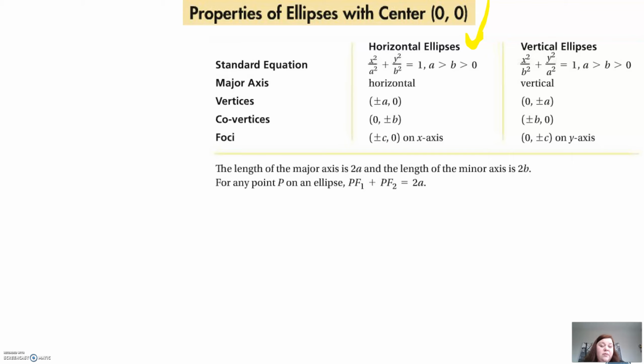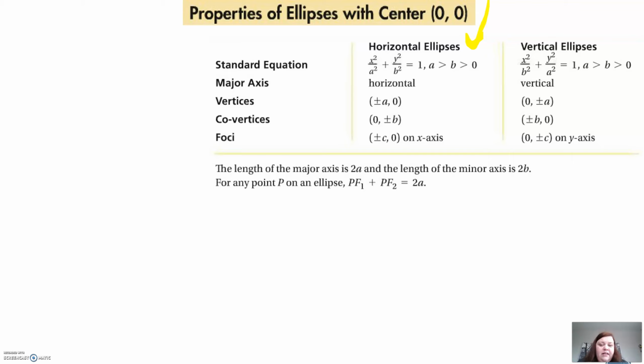Like I said, a goes with your major axis, b goes with your minor axis. And since a has to be bigger than b, notice the a is underneath x. So we can tell if it's horizontal or vertical by which denominator is larger. So the larger denominator is going to be beneath the variable that's going to be the major axis.